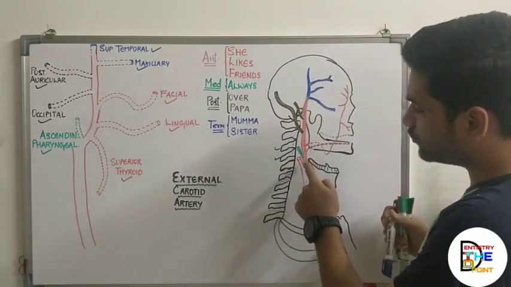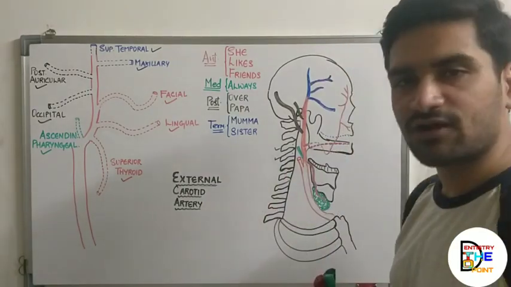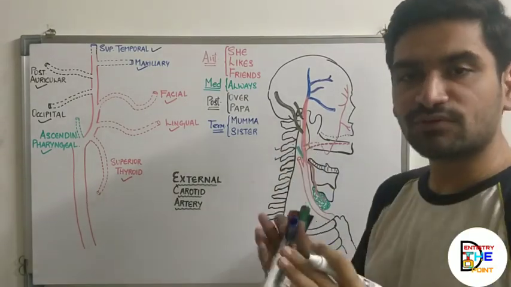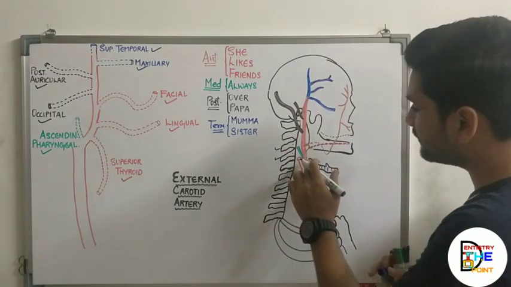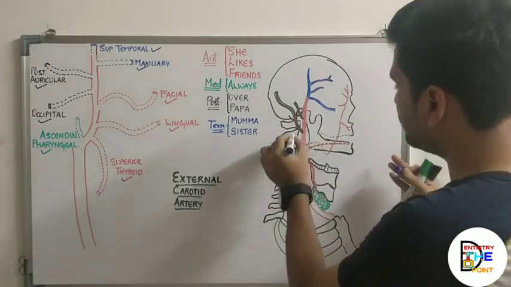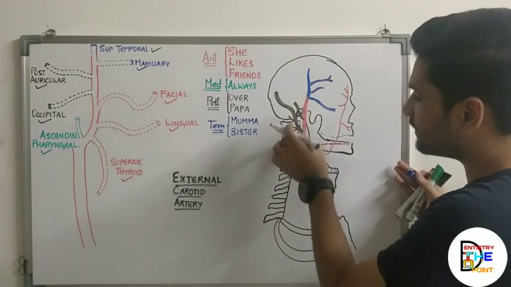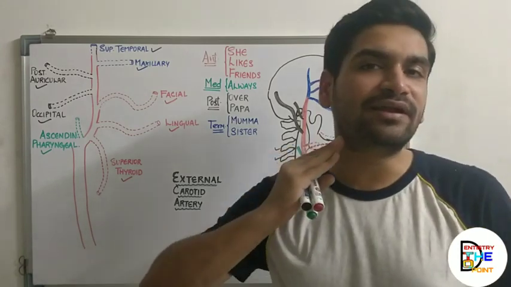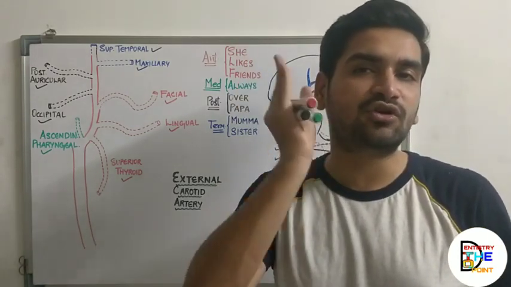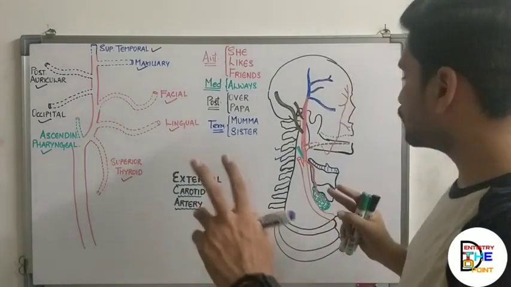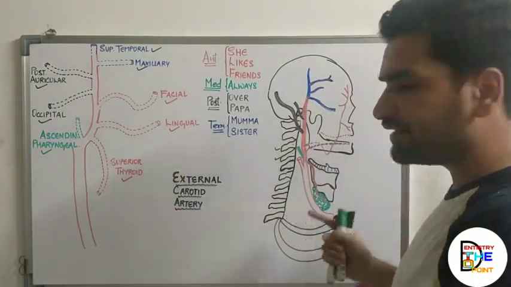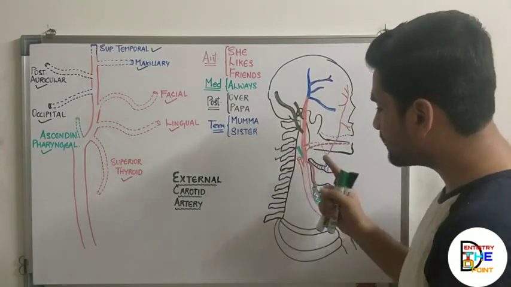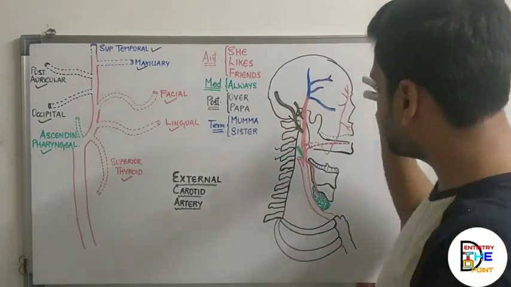Along with that, it is going to be anteromedial to the internal carotid artery in the lower part. जो भी internal carotid artery का lower part है उसमें वो anteromedially रहेगी, मतलब anteriorly और medially, और internal carotid artery का जो upper part रहेगा उसमें वो anterolaterally रहेगी. तो ये curved course हो गया. पहले वो anteromedial थी, then it is going to come outward, so it is going to become anterolateral. But दोनों sections में it is going to be anterior to the internal carotid artery. आपको ध्यान रखना है. बस इतना डिफरेंस है कि lower part में it is going to be anteromedial, upper part में it is going to be anterolateral, right?